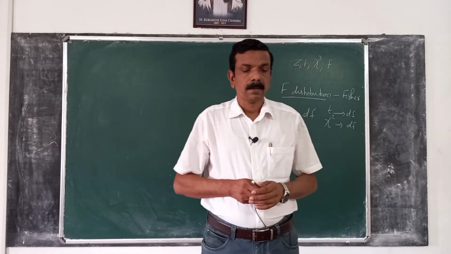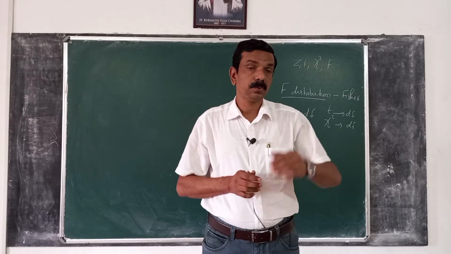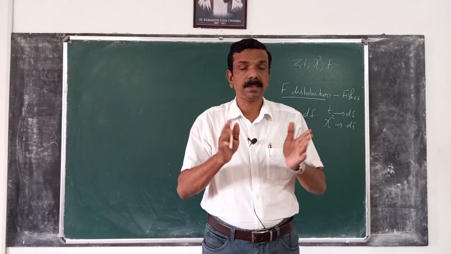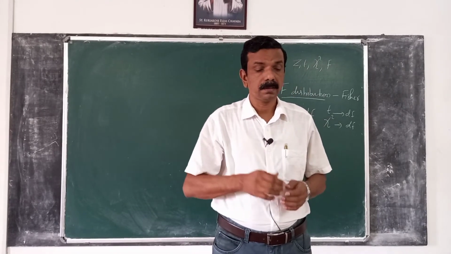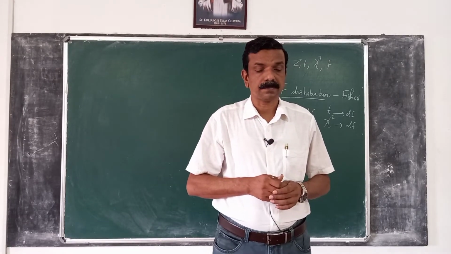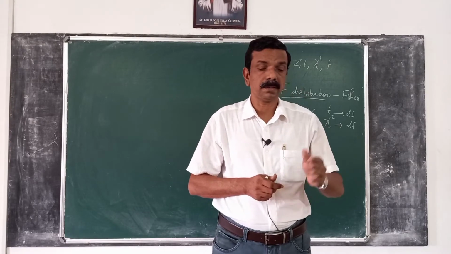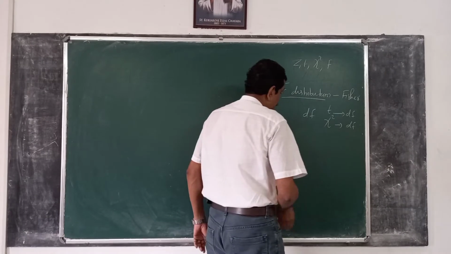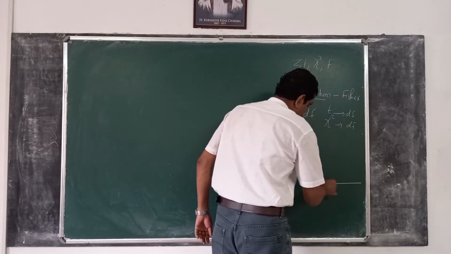Anyway, the F distribution has two separate numbers of degrees of freedom. The first is called the numerator degrees of freedom, and the second is called the denominator degrees of freedom.